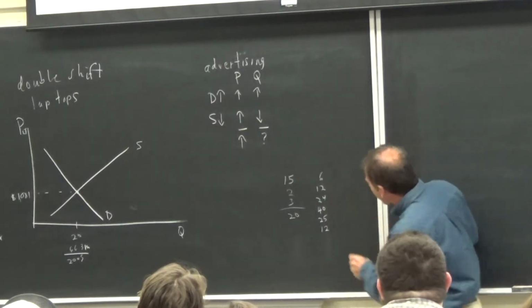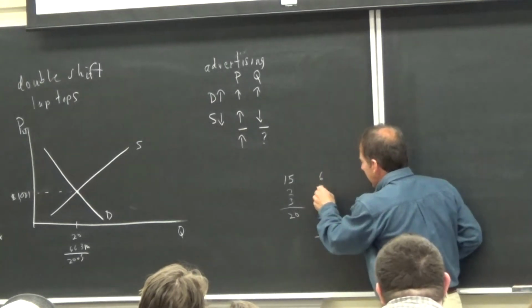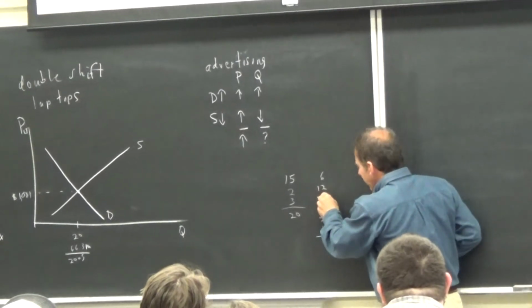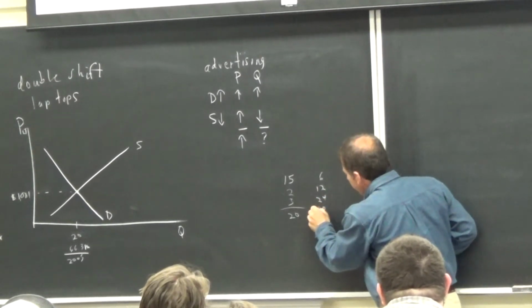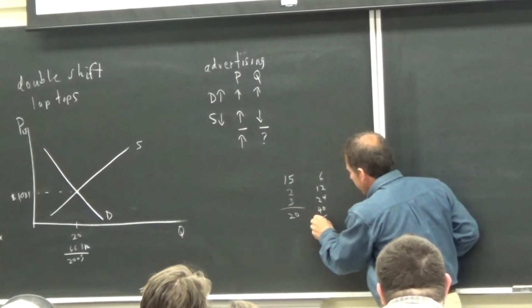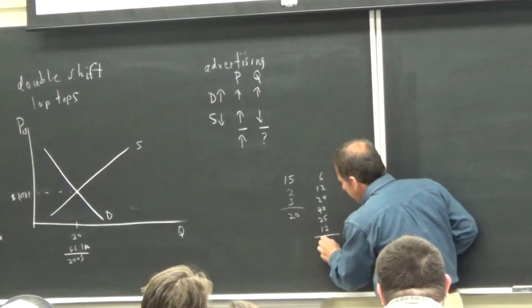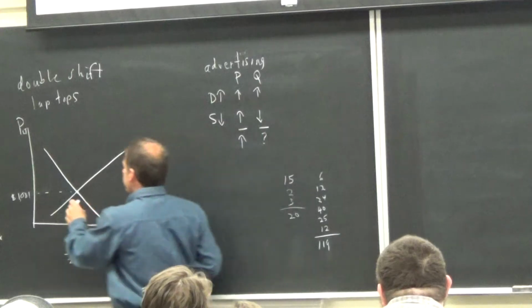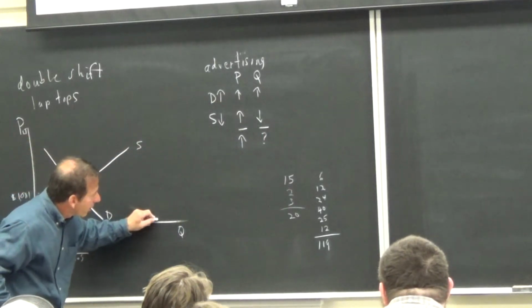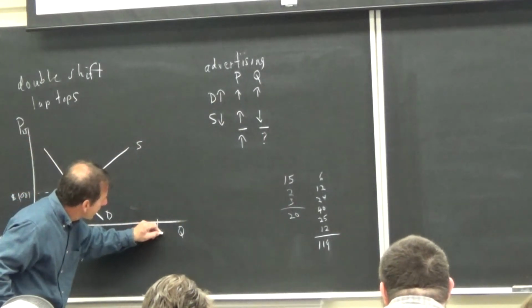But okay. So now if we add all those up, 18, 22, 42, 82, 107, 117, 119. If you look at what's changed, we're way out here as a class at 119.